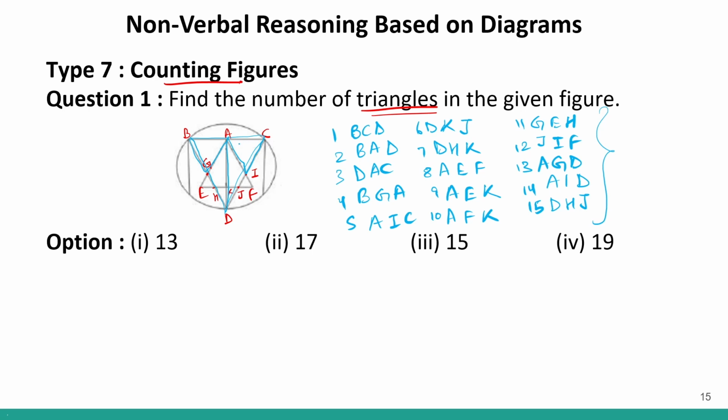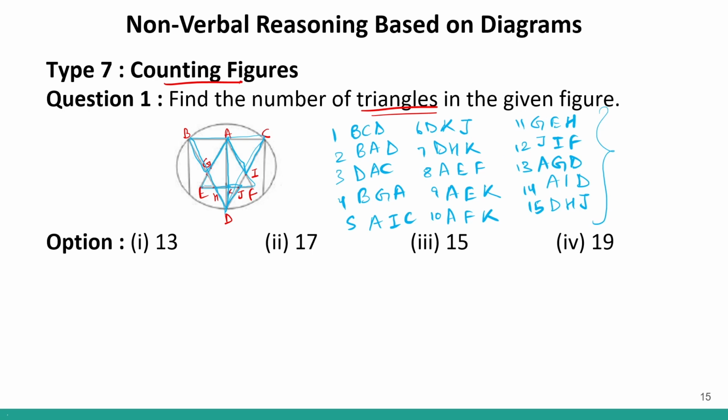This is one triangle. Then we have DKJ. KJ is this triangle, and then we have DHK, and then we have AEF. AEF is this big triangle, and then we have AEK, so this triangle, and AFK, which is this triangle.